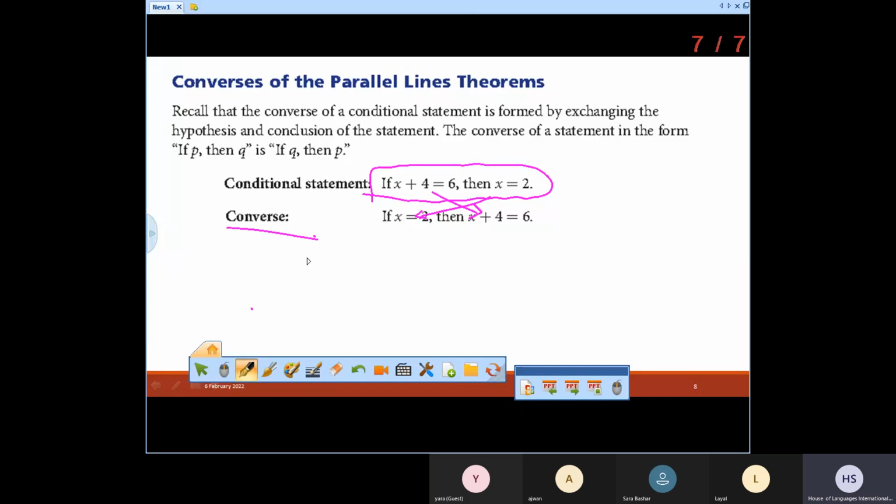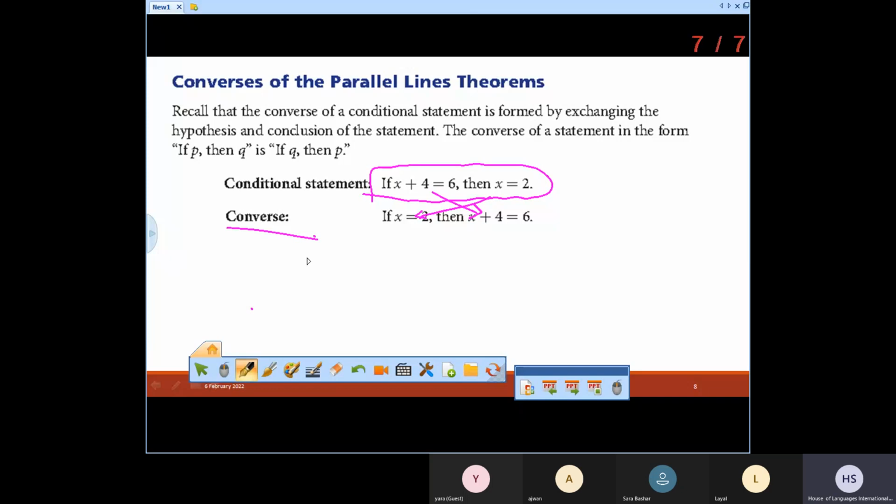Yes, exactly. If today is Sunday, that means yesterday was Saturday. So if yesterday was Saturday, then tomorrow will be Sunday. If you change the order, this is what they mean by the converse. So that's it. This is not our lesson.